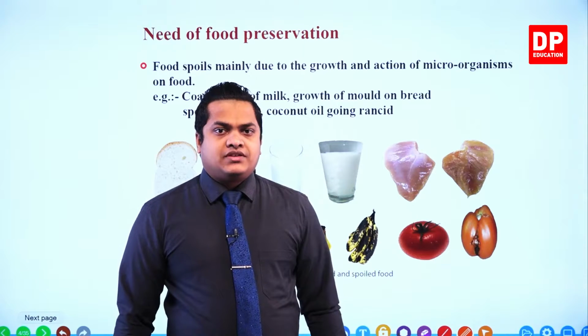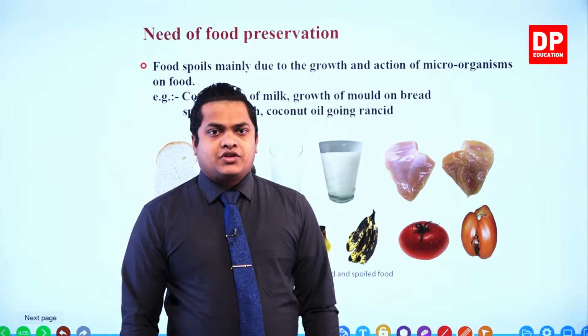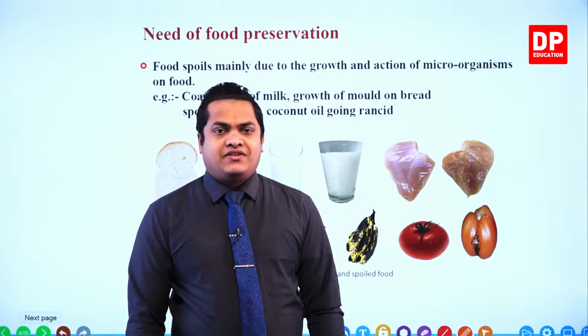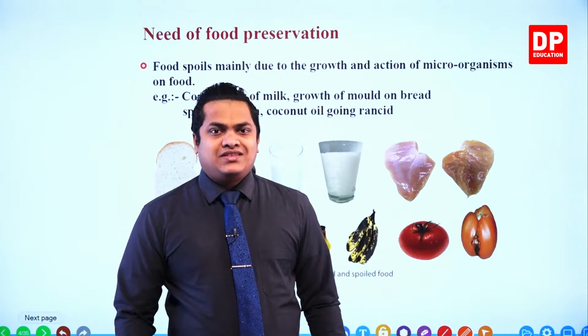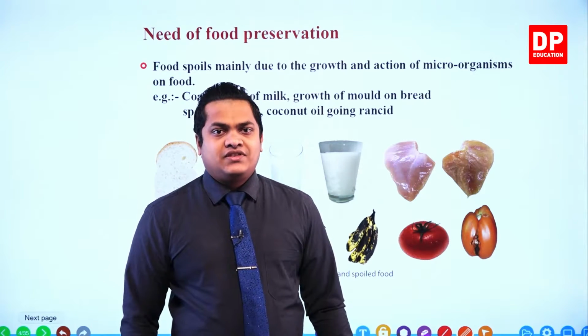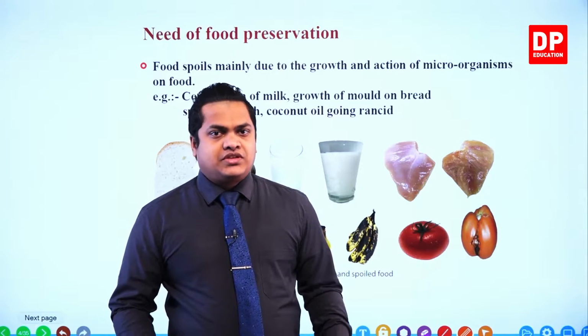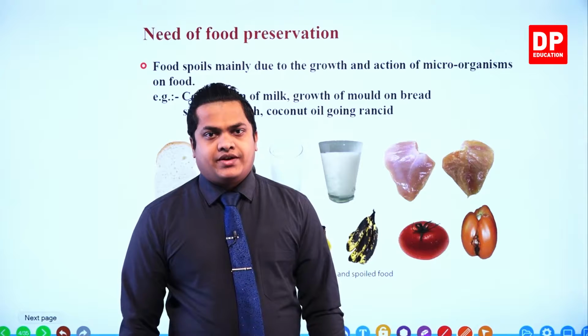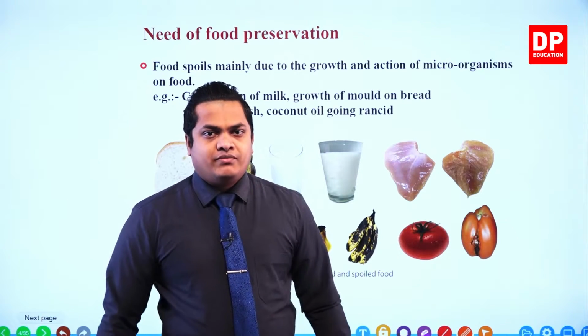All the microorganisms feed on that milk, and upon production of different enzymes and different chemicals by them, these things spoil. Spoiling means a change in the texture, nature, or any other physical property. Upon change in those things, we won't be able to consume it. So that is what we mean by coagulation of milk.